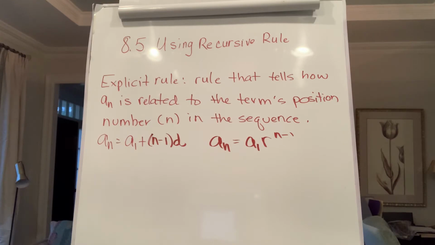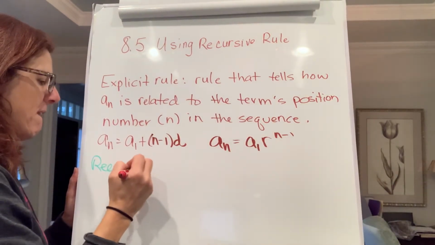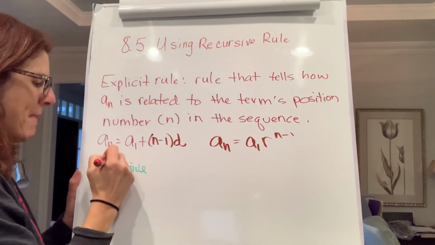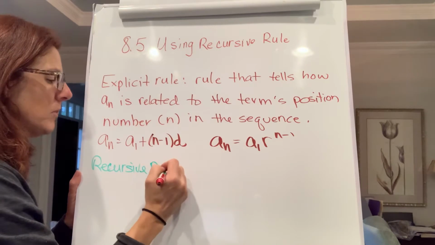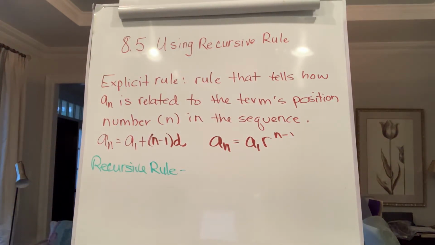All right, the recursive rule is what you think of more when you're thinking about describing the pattern of a sequence. What is the pattern from one term to the next?